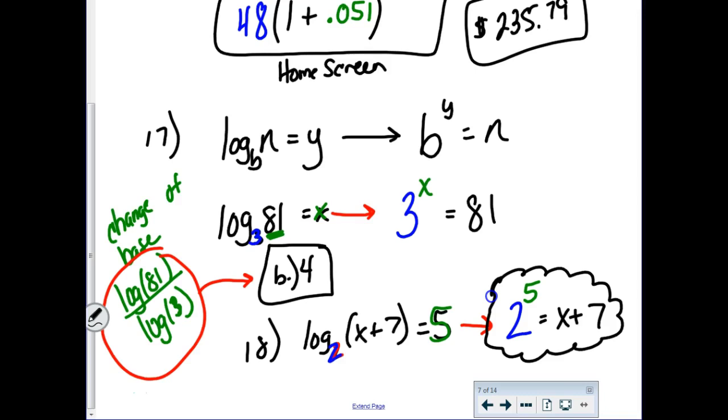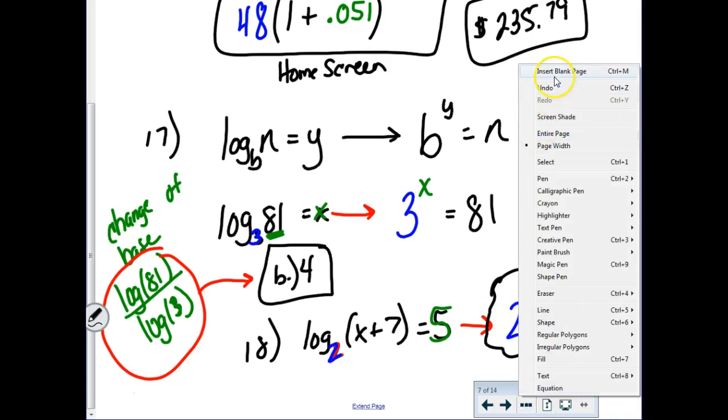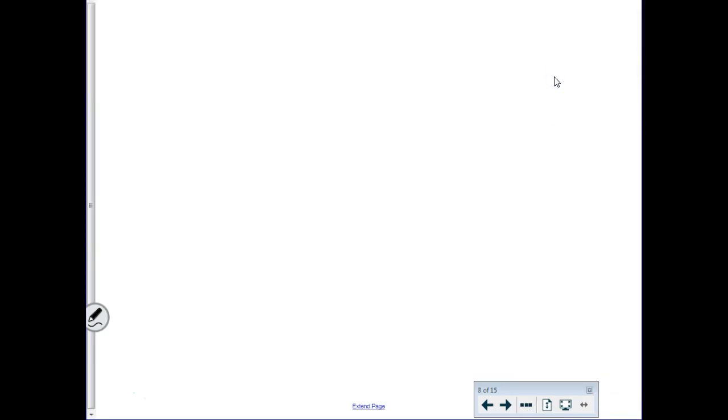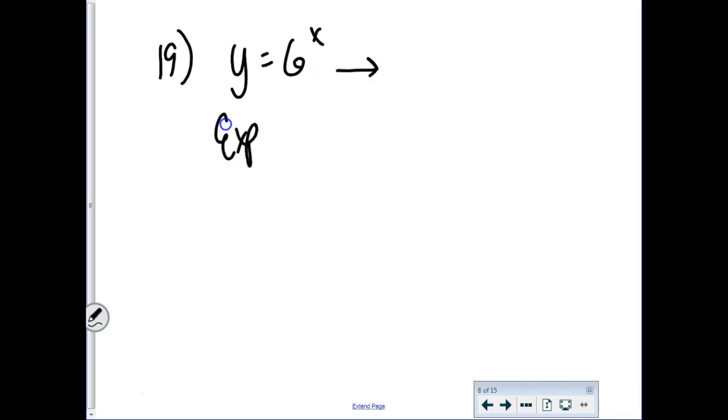Okay. 19. I love question 19 because it's so easy once you get the hang of it. 19 is almost a vocabulary question at its essence. It says, what's the inverse of this? Well, guys, the inverse to an exponential function is a logarithm.